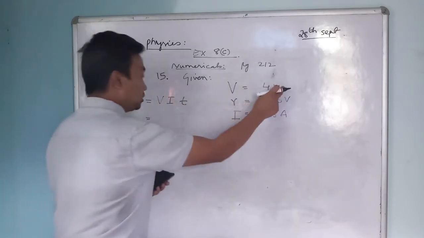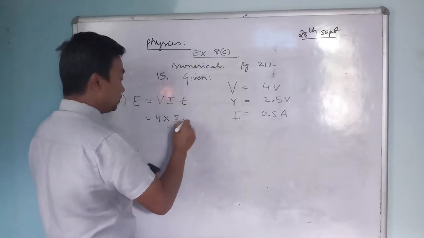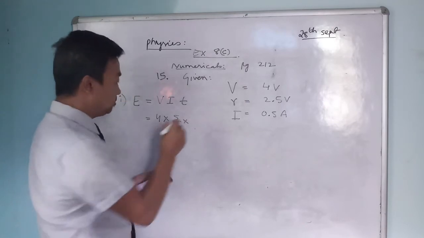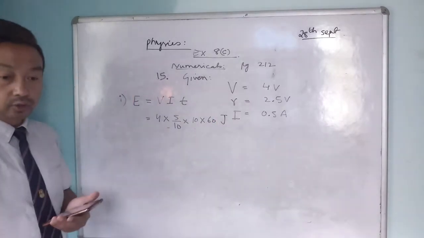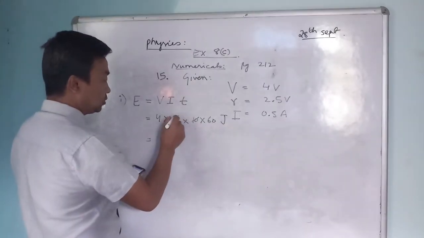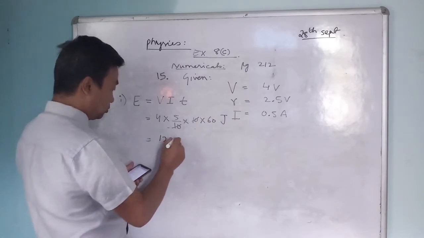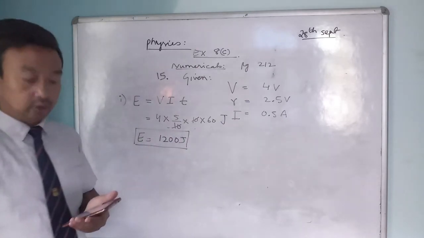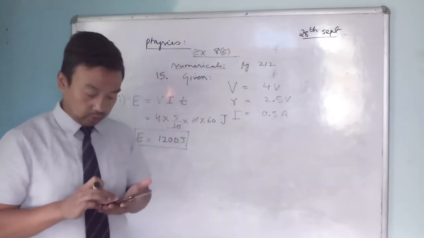The total potential difference is 4, the current is 5 by 10, and the time is 10 minutes, so you have to change it into 60, that is, into seconds. After cancelling, 4 fives are 20, and we get 1200 joule. So this will be your total energy. This potential difference you can take as the total potential difference.